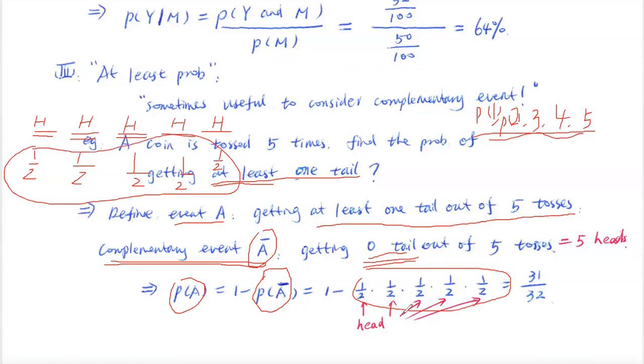So that's the probability of A bar. So P(A) is equal to 1 minus 1 over, multiplying those together, 32. So 1 minus 1 over 32, using high school algebra. So 1 is equal to 32 over 32, minus 1 over 32, so it's 31 over 32.